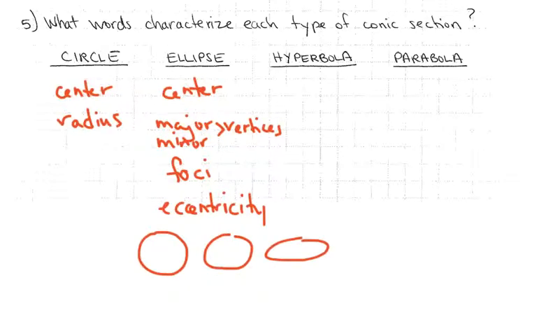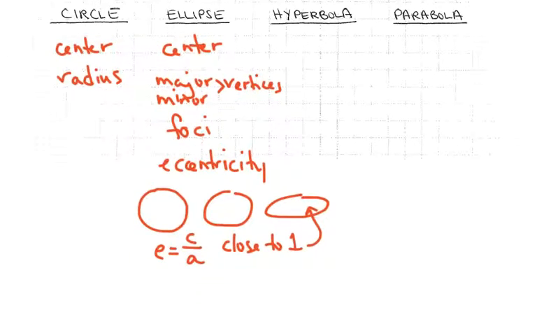If the eccentricity, the value of c over a, was close to 1, it's a circle. Actually, let me flip that. Sorry, if it's close to 1, it was very elongated. But if it was close to 0, it was more like a circle.